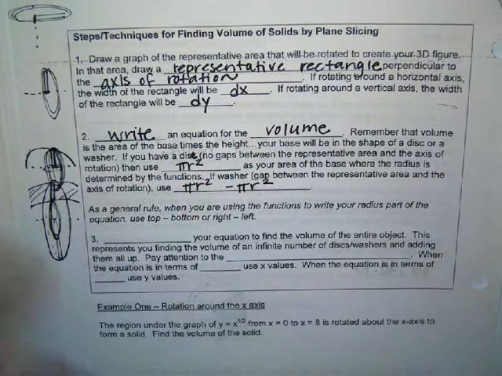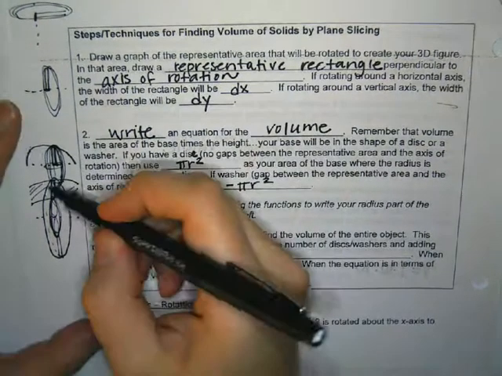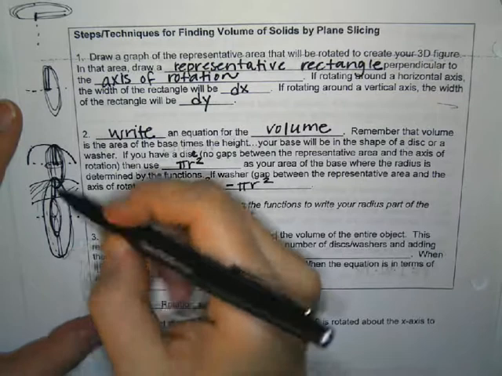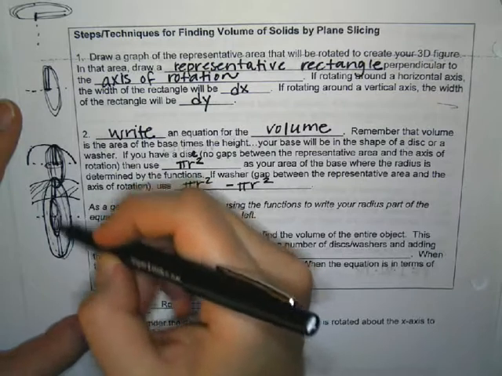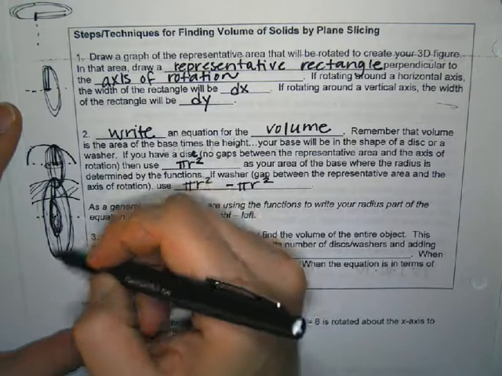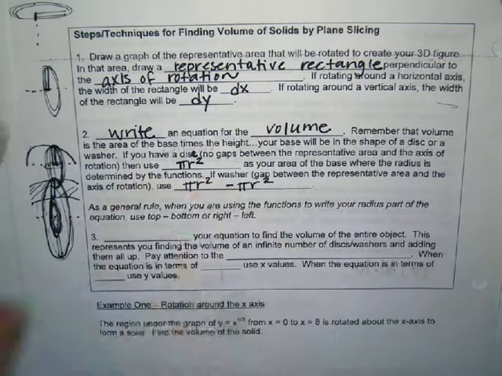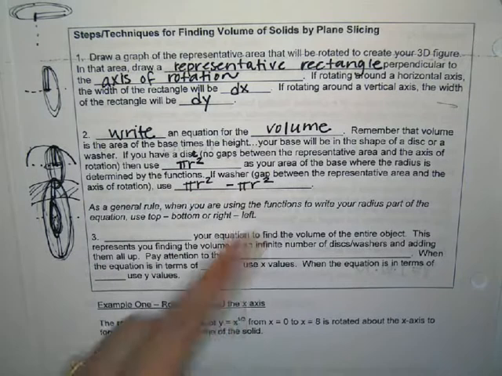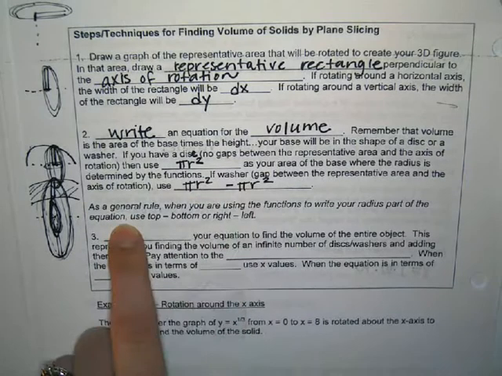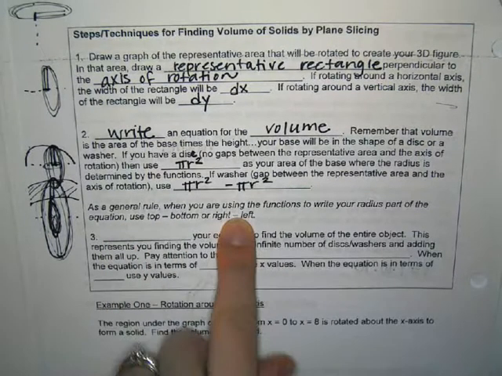Now, where the r values here, you have to think of it as you have a large circle, and then your gap is a small circle. So it's taking the area of your large circle and removing the area of the small circle. So large circle, small circle. As a general rule, when you're using the functions to write your radius, part of the equation, use top minus bottom or right minus left. And as we do examples, I'll explain more what that means.